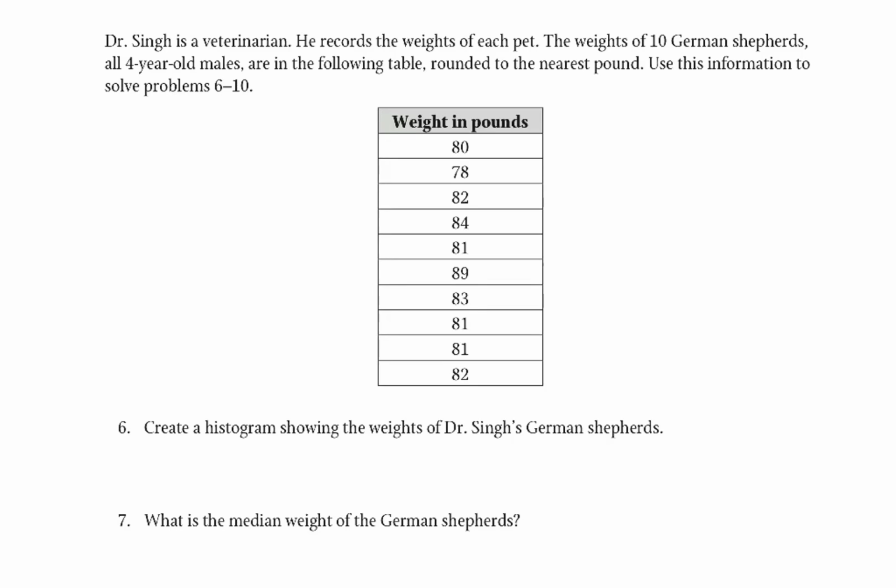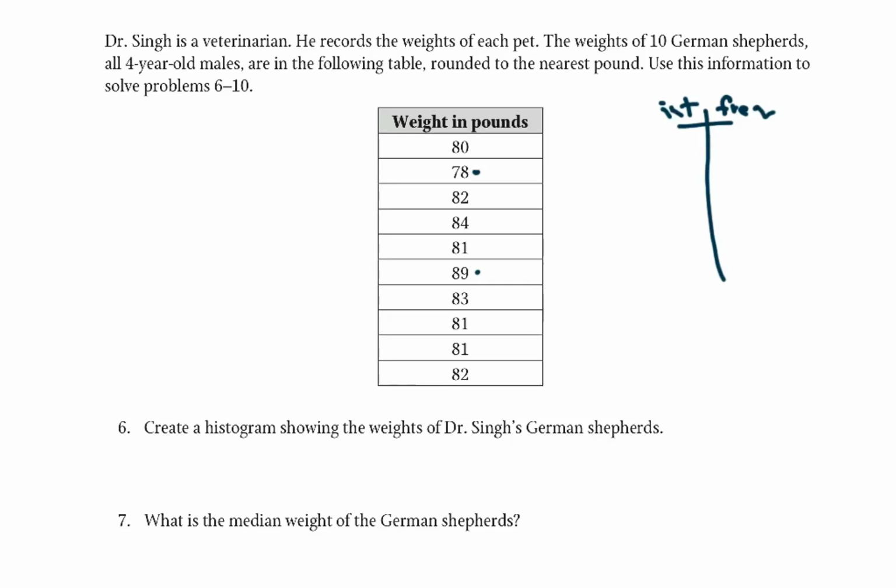So now it wants us to create a histogram. Okay, so a histogram, it's all about making a frequency table. You've got intervals and their frequency. Okay, so it looks like our smallest is 78 and our highest is 89. So then it depends on how big you want your intervals to be.